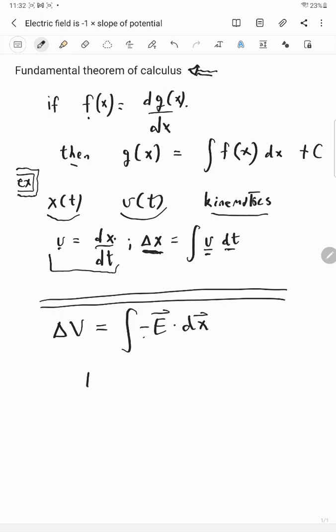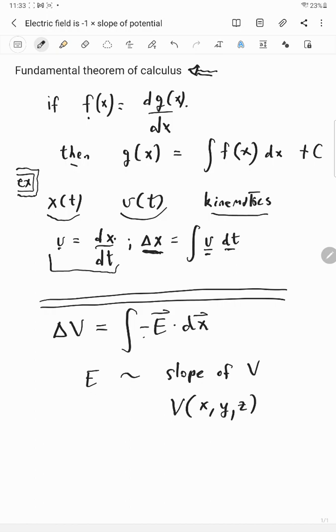So we can say that the electric field is somehow related to derivatives or the slope of V. It's a little bit complicated because the potential V is actually three-dimensional in general. So locations in space are represented by three coordinate values.